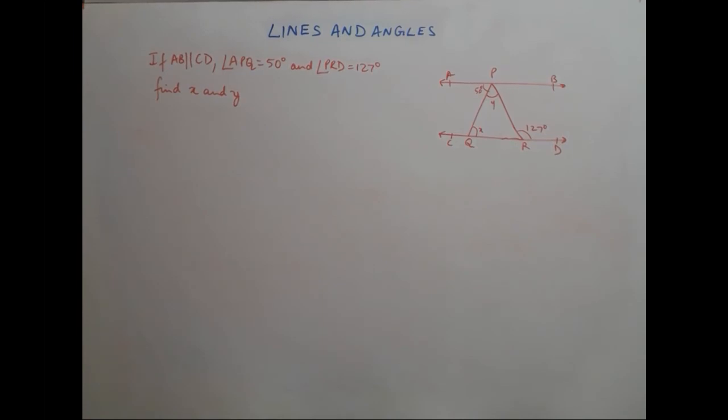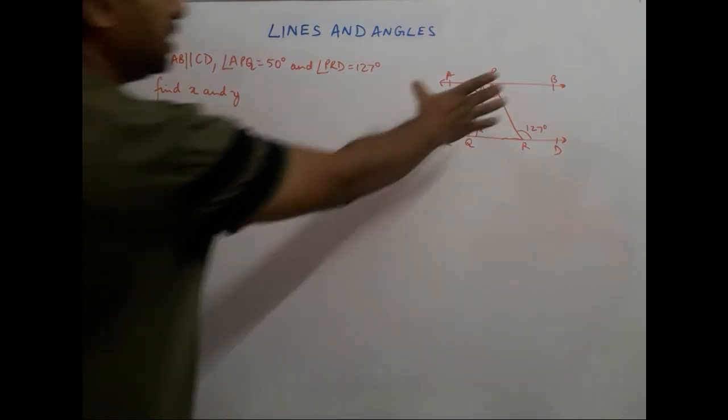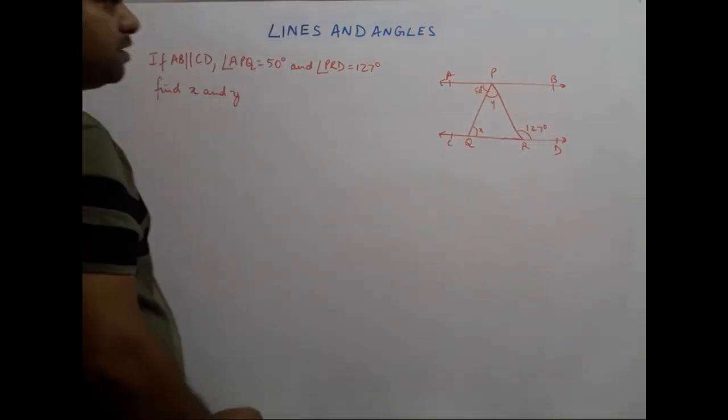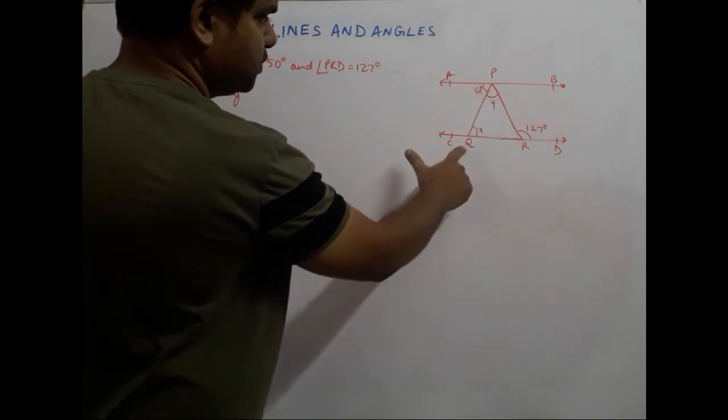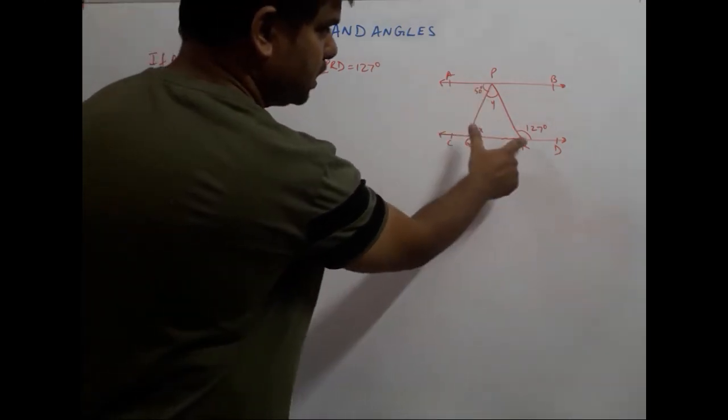So our next problem is, if AB is parallel to CD, angle APQ is equal to 50 degrees and angle PRD is equal to 127 degrees, find X and Y. We are given these two lines are parallel to each other. We have been given this angle APQ and also PRD.